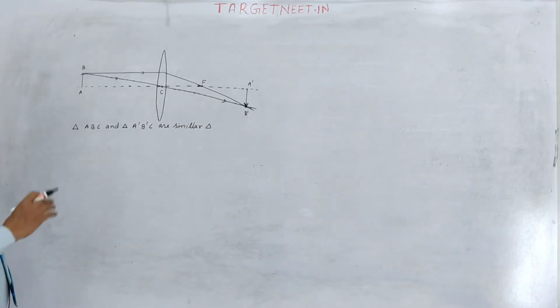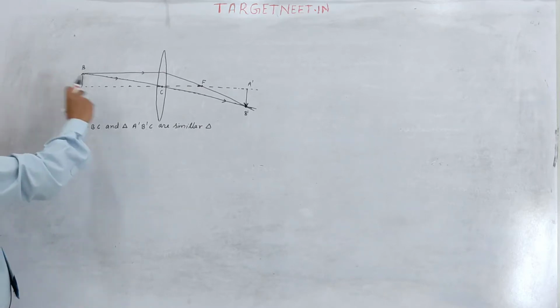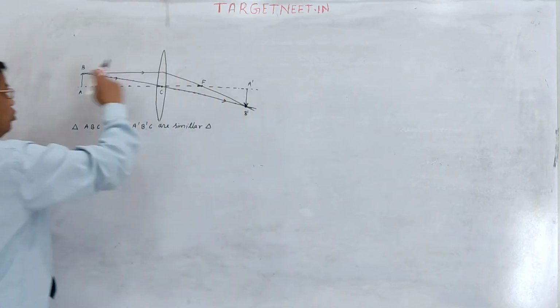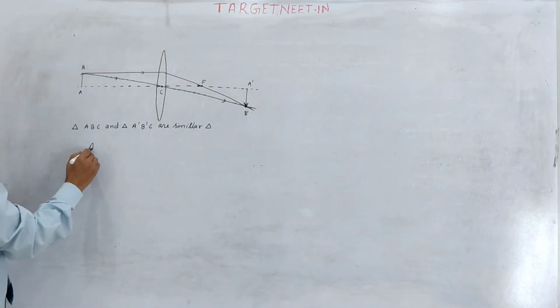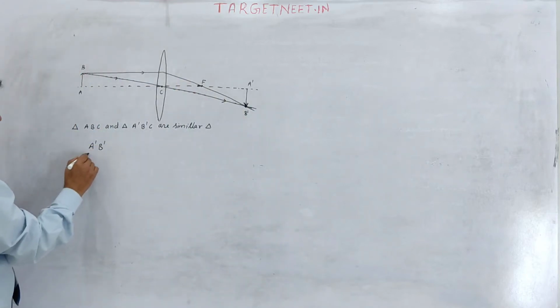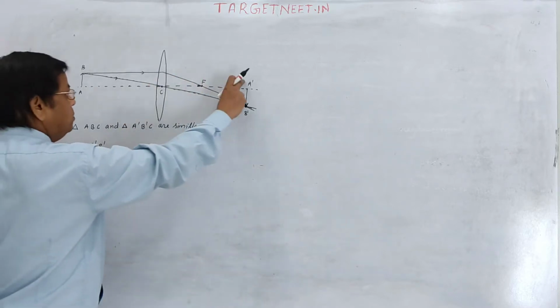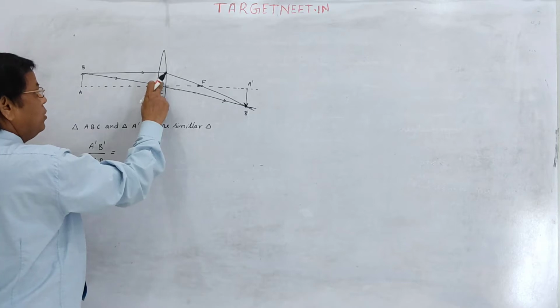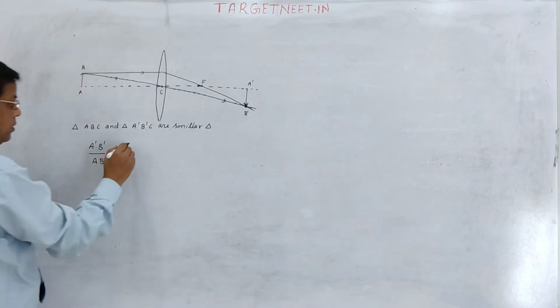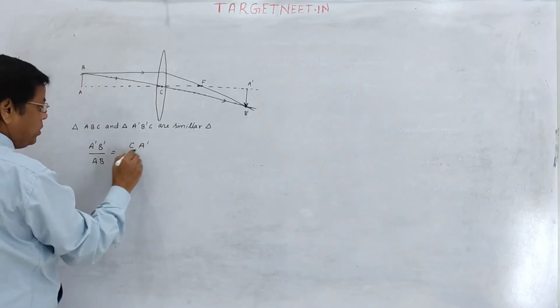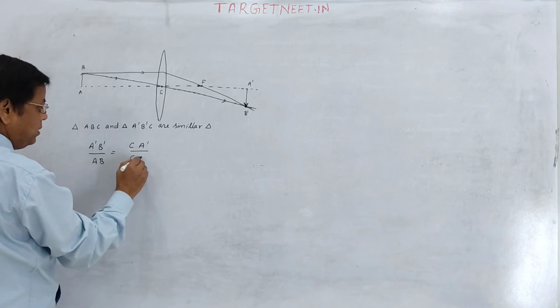In case of similar triangles, the ratio of corresponding sides are equal. So we can write A prime B prime upon AB is equal to C A prime upon C A.